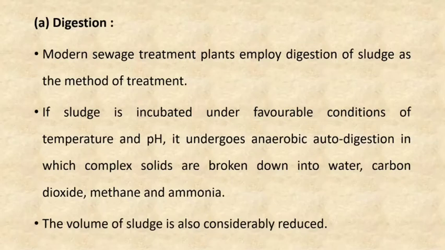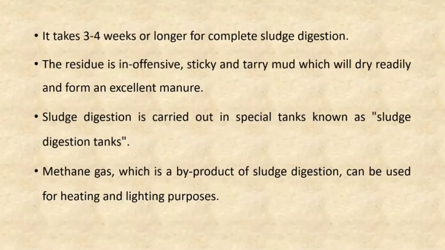Due to that, the volume of sludge is considerably reduced. It takes 3 to 4 weeks or sometimes longer for complete sludge digestion. The residue is inoffensive, sticky, and tarry mud, which will dry readily and form an excellent manure.